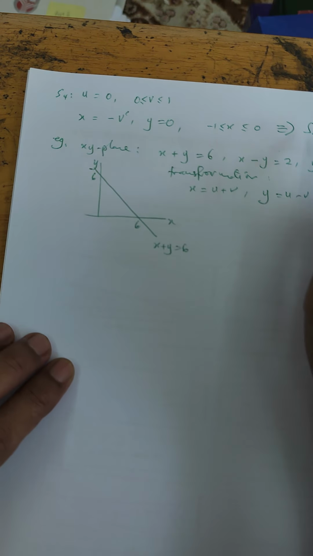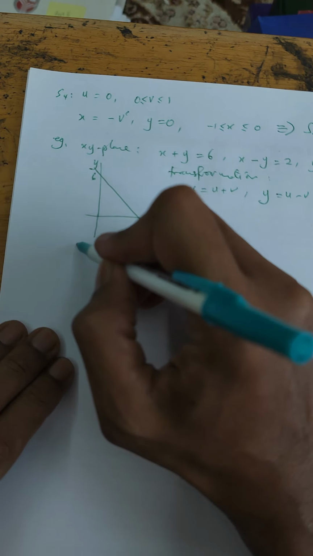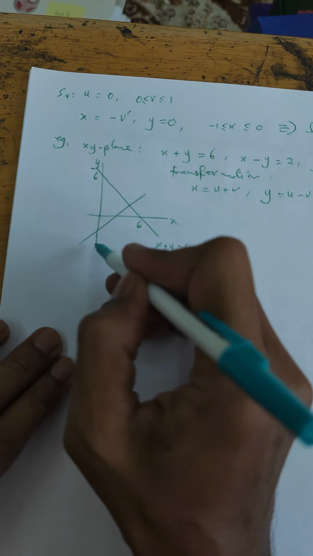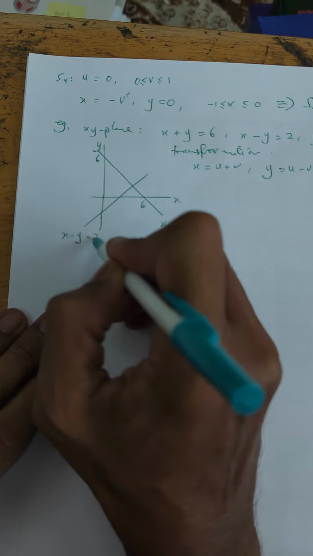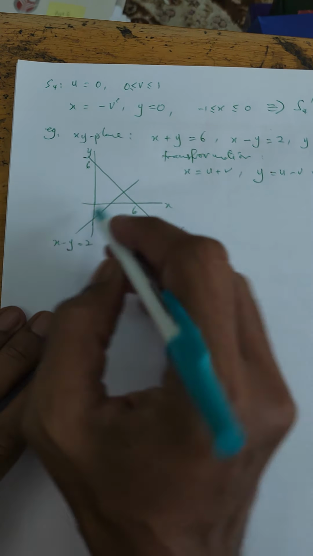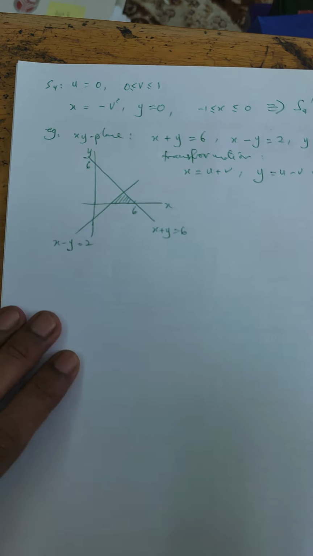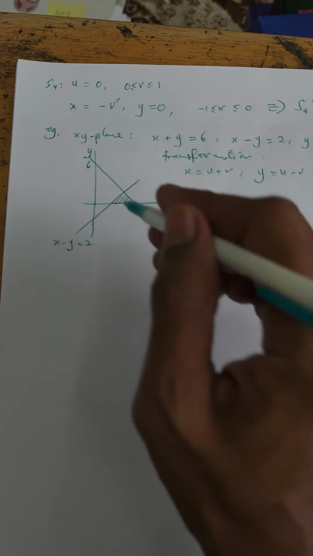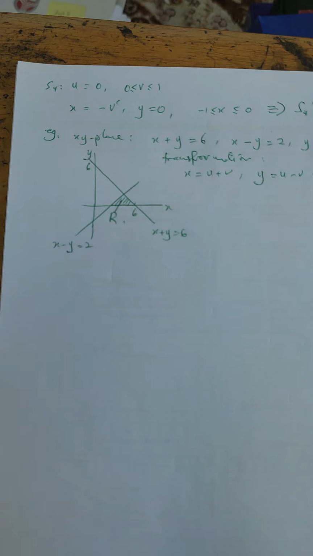We need it a little bit lower, so we have something like that. And y equal to 0 here. So our region is that. Let's give it a name, let's say R.